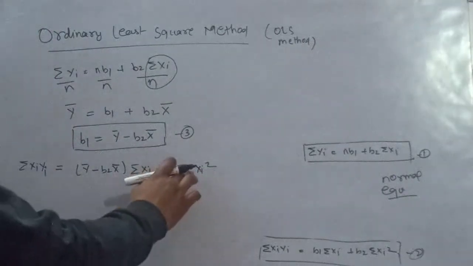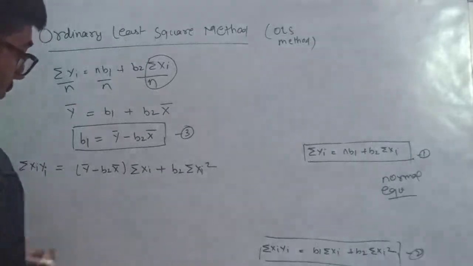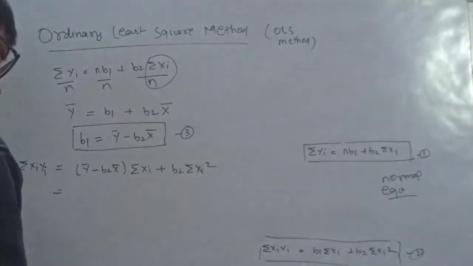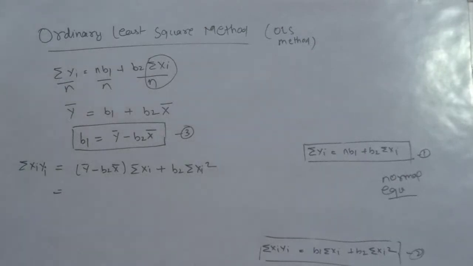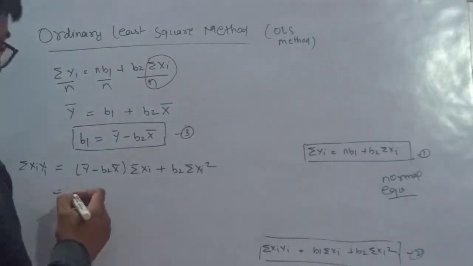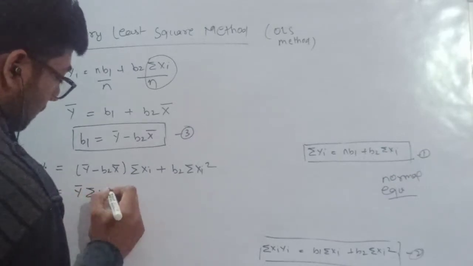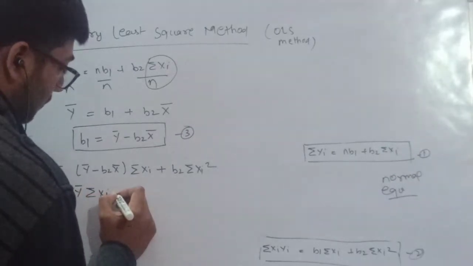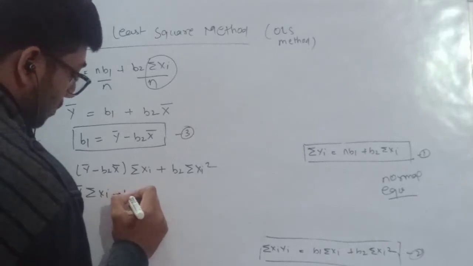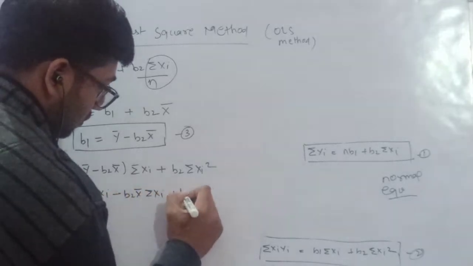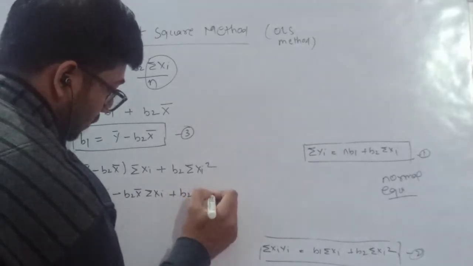b2 summation xi square. Now open the bracket: y bar summation xi minus b2 x bar summation xi plus b2 summation xi square.